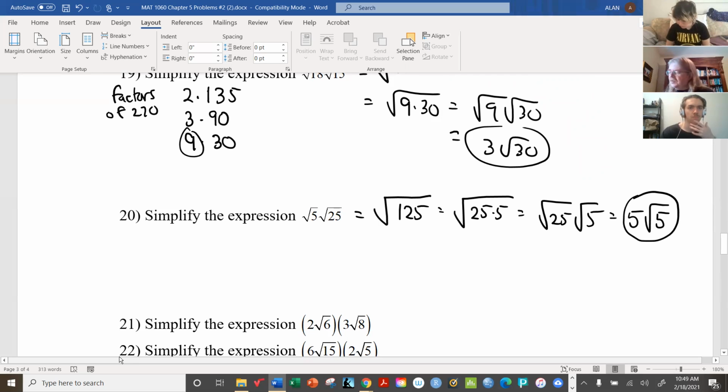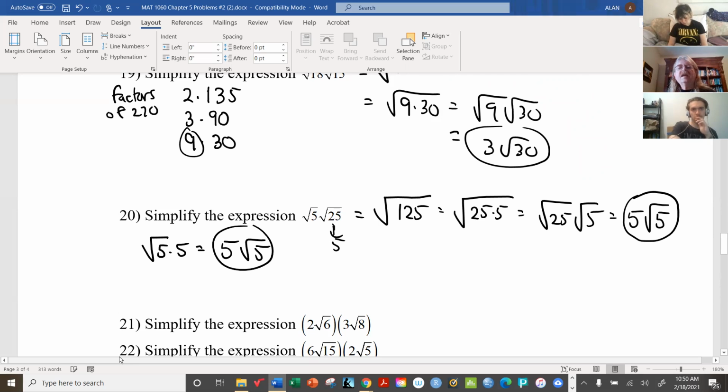This actually wasn't absolutely necessary because all we had to do is recognize this is just 5. So we could have just said, oh, well, then this is just radical 5 times 5, which you would normally write as 5 radical 5. And guess what? It's the same thing. Of course it is. So in that case, multiplying it out wasn't absolutely necessary. We could have gone directly to here and you would have gotten the same answer.